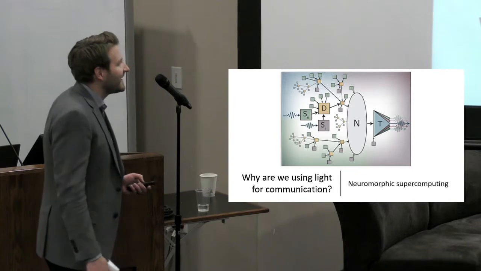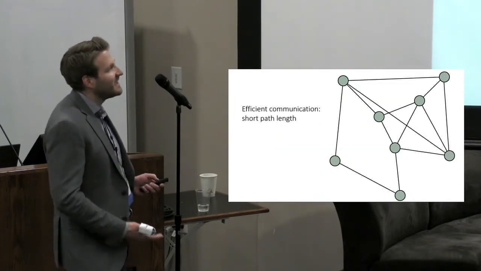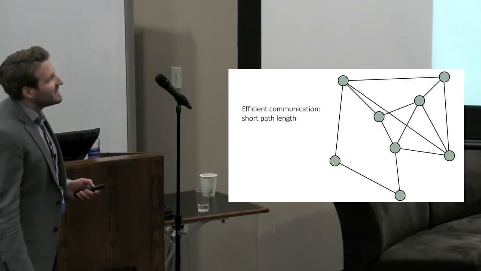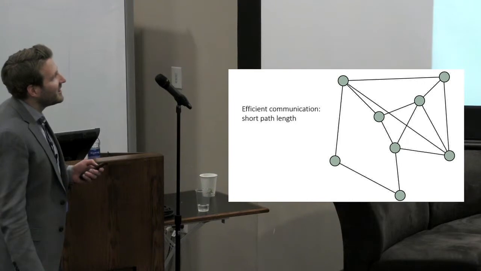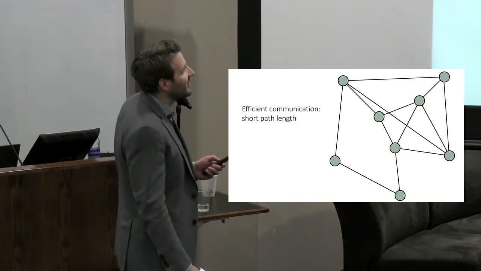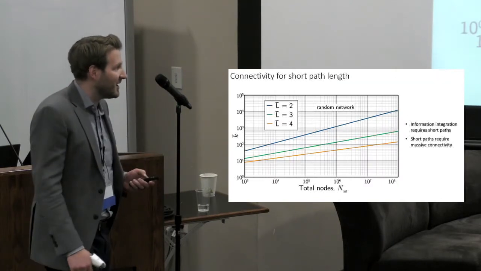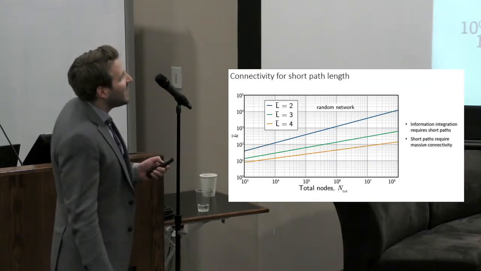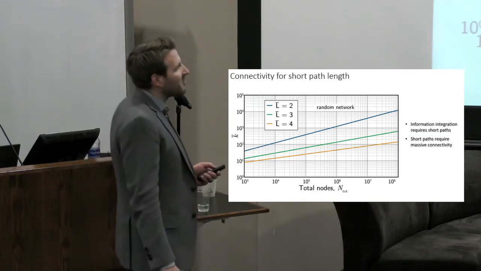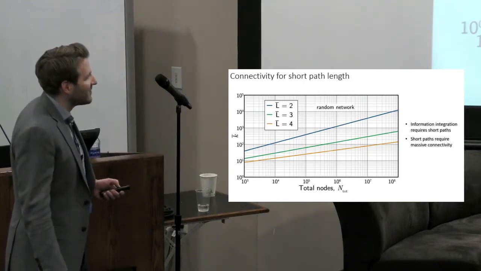OK, so let me start by answering the question, why are we using light for communication? There's actually a lot that goes into this, so I'm just going to kind of gloss over it. But one specific example, say you take an arbitrary network. You can calculate the shortest average path length, where you calculate the distance from each node to every other node and average over the nodes in the network. So take this plot. Consider a random network where you have a sort of lower bound on the average path length for a given number of nodes connected by a given number of edges.